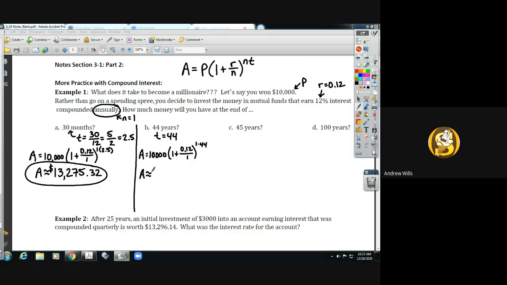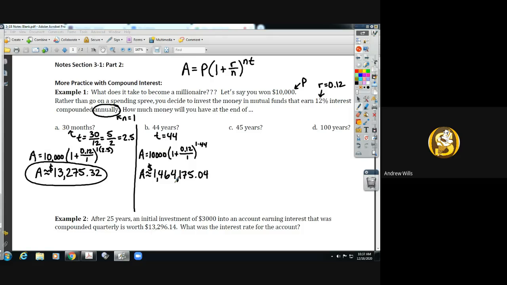So 10,000 times 1 plus 0.12 to the 44th power would be, again, we're going to round this off to the nearest cent, $1,464,175.04. So there you go.